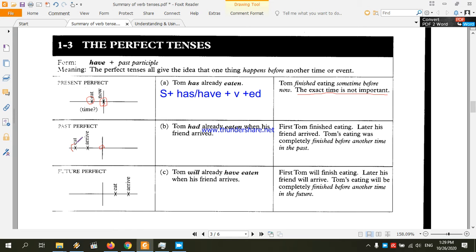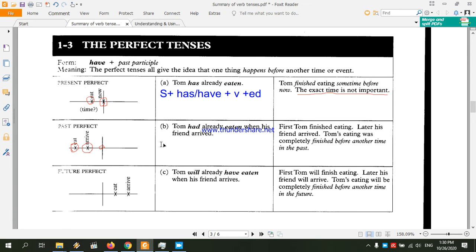So, Tom began eating yesterday at 8 p.m. and he finished eating after 10 minutes. His friends arrived at 9 p.m. So he had already eaten. The process of eating was complete. It was finished before a certain event or a certain action took place, which is the arriving of his friends.